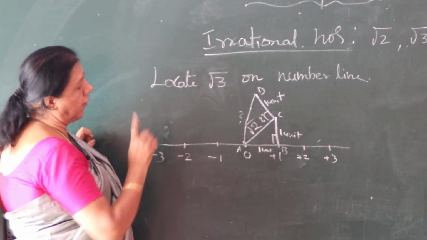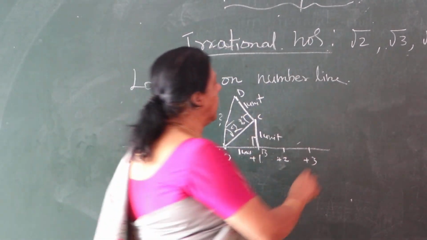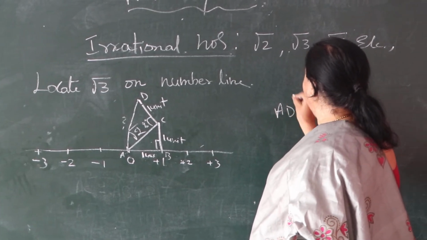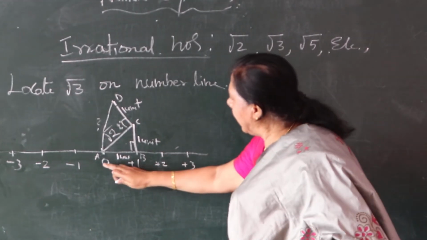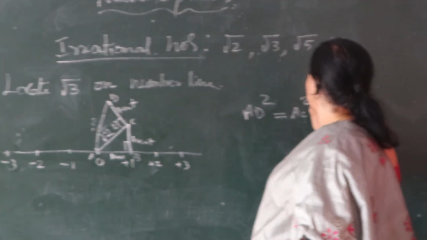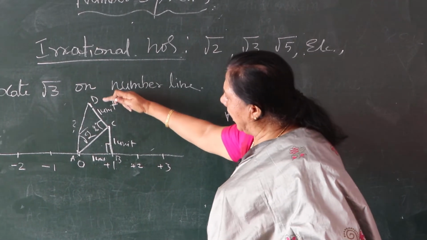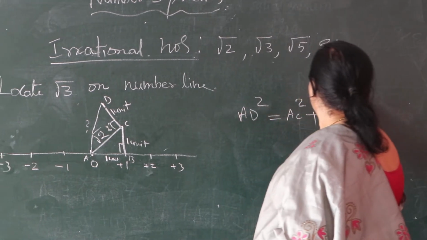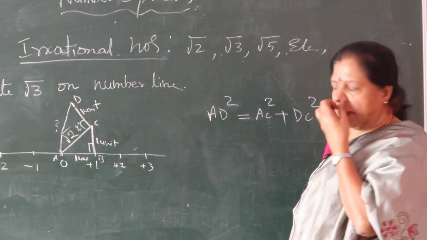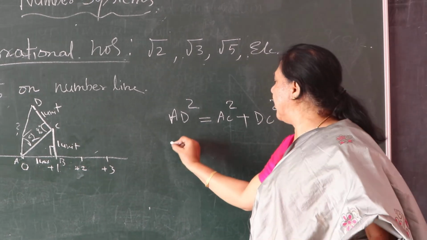So now you go for Pythagoras theorem. What is hypotenuse letter? AD. AD square is equal to, what is the remaining sides? AC square plus, come on tell me, DC square. Got it, children? So now you go for AD square.